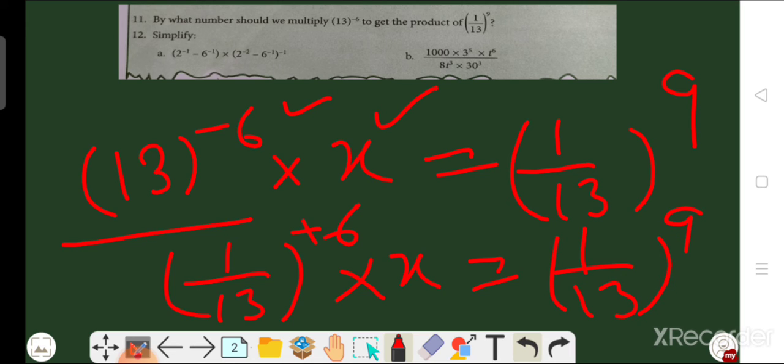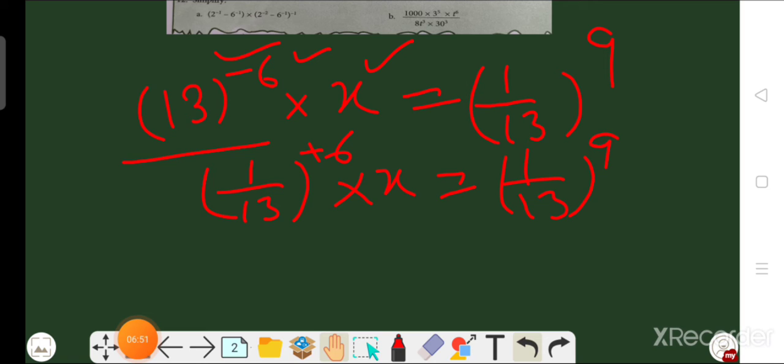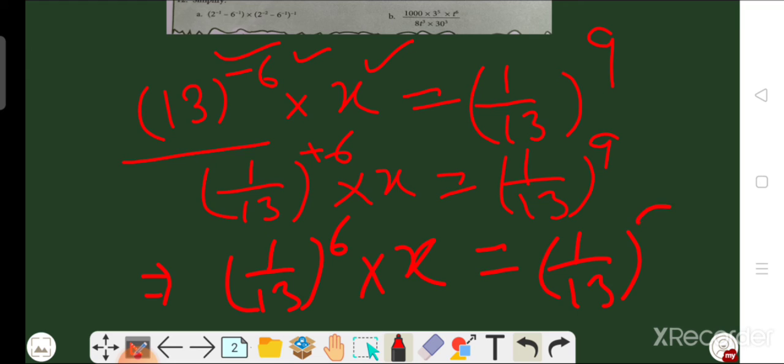The power becomes negative of it, and negative of minus 6 is plus 6. So we have 1 by 13 raised to the power 6 multiplied by x is equal to 1 by 13 raised to the power 9.